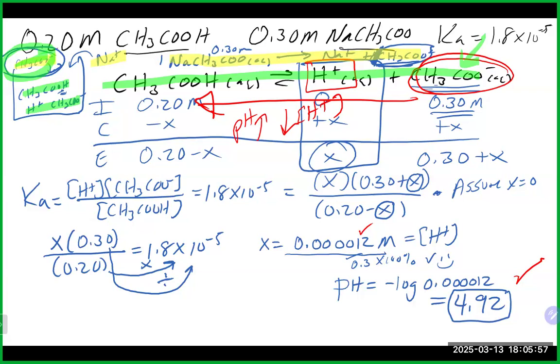So this is the idea of a common ion effect. You absolutely could do a calculation like we've done before, which is an ice table calculation. The main difference is to recognize that it is a common ion problem. And I cannot tell you how many people will just put 0 there.